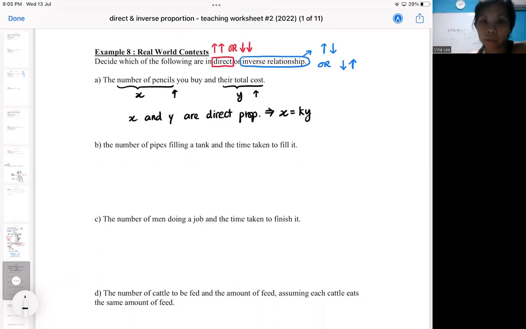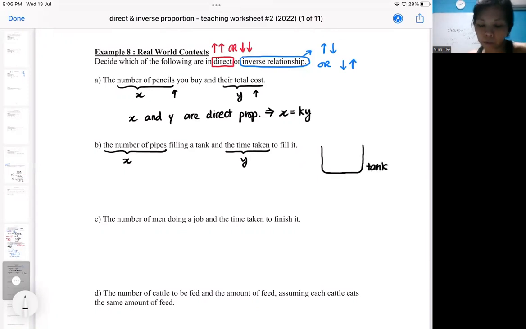So the number of pipes will be X, the time will be Y. The tank is constant, so the tank is fixed.